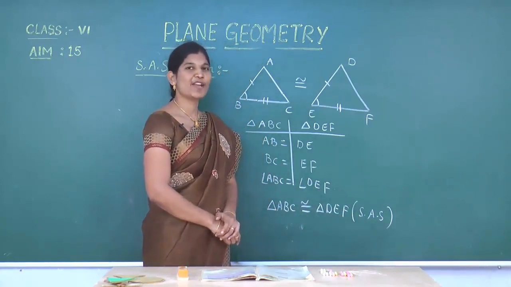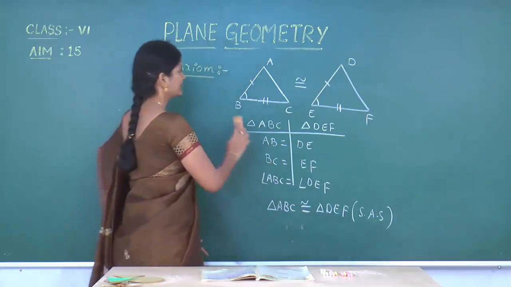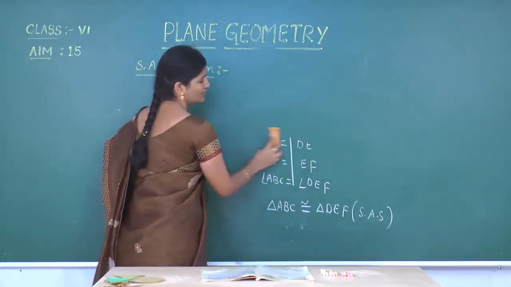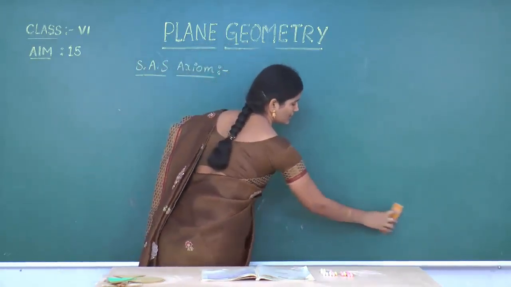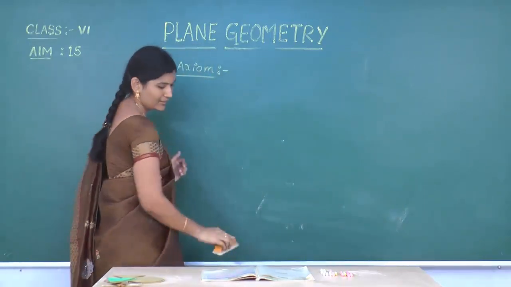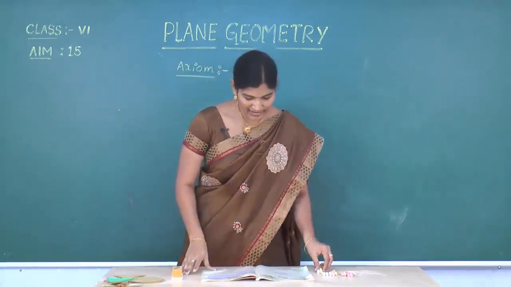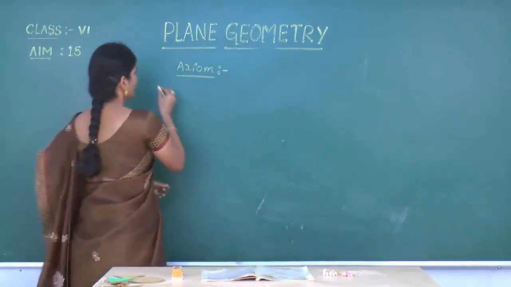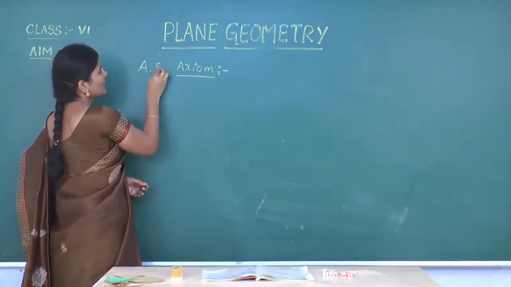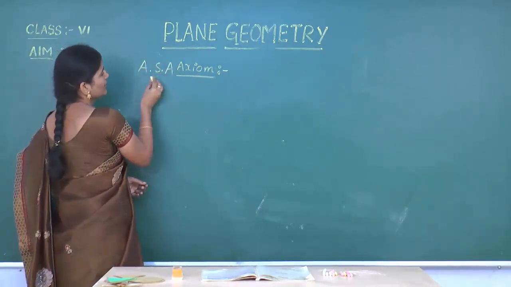Let us see one more axiom. The second axiom is ASA.